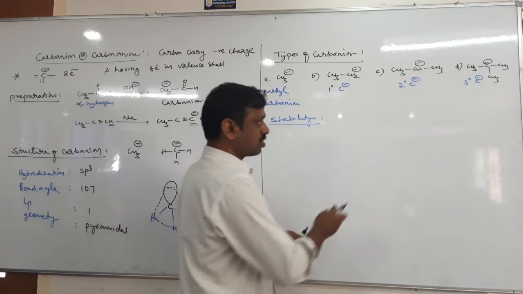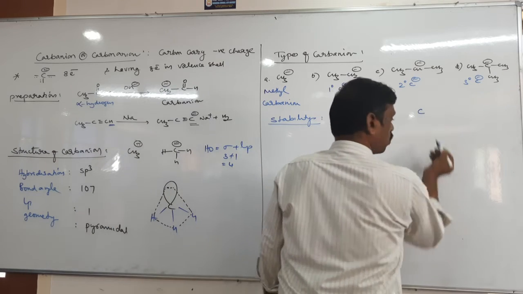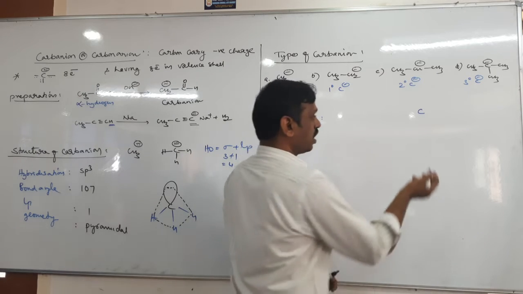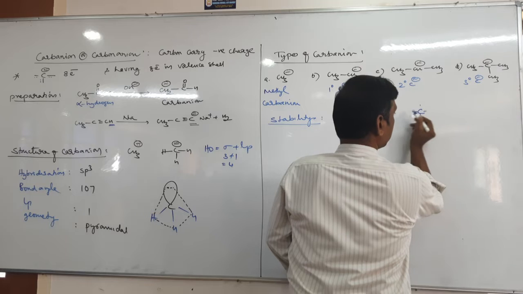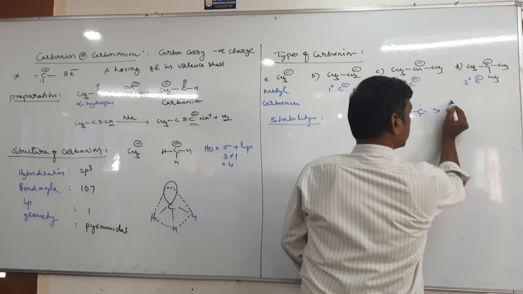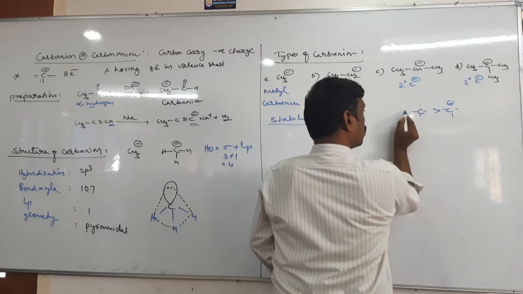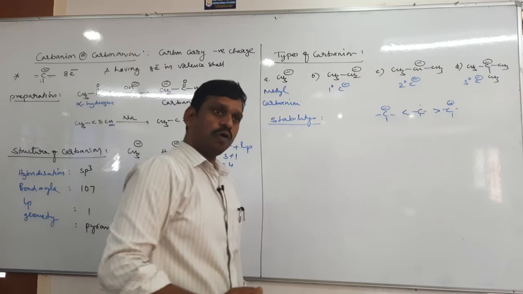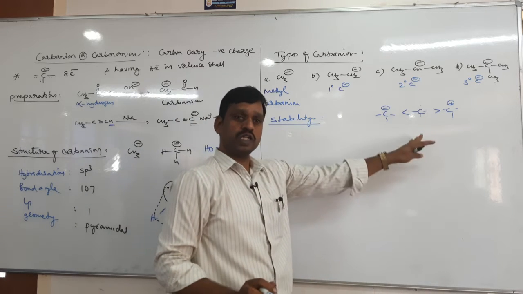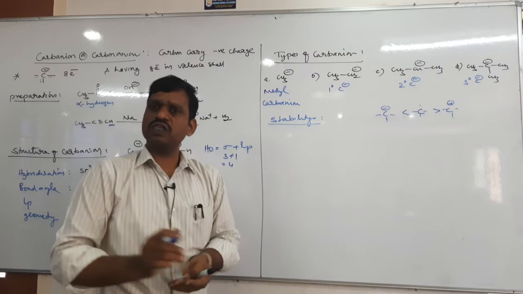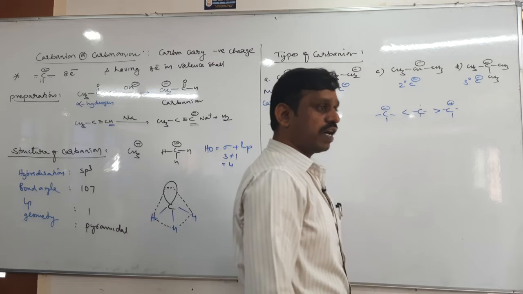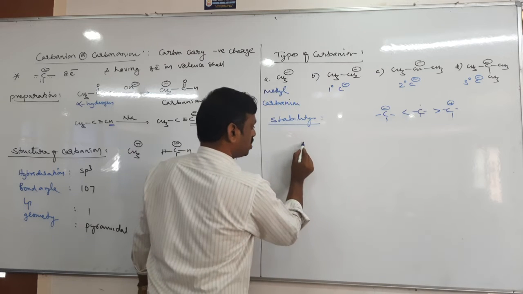As we discussed, usually carbon having no charge is more stable compared with carbon having charge. Like a neutral carbon is more stable compared to C plus, which is also more stable compared to C minus. So obviously neutral species are more stable compared to charged ones. Because of charge they are unstable. Now here also we are studying the stability of carbanion. Carbanion is unstable.